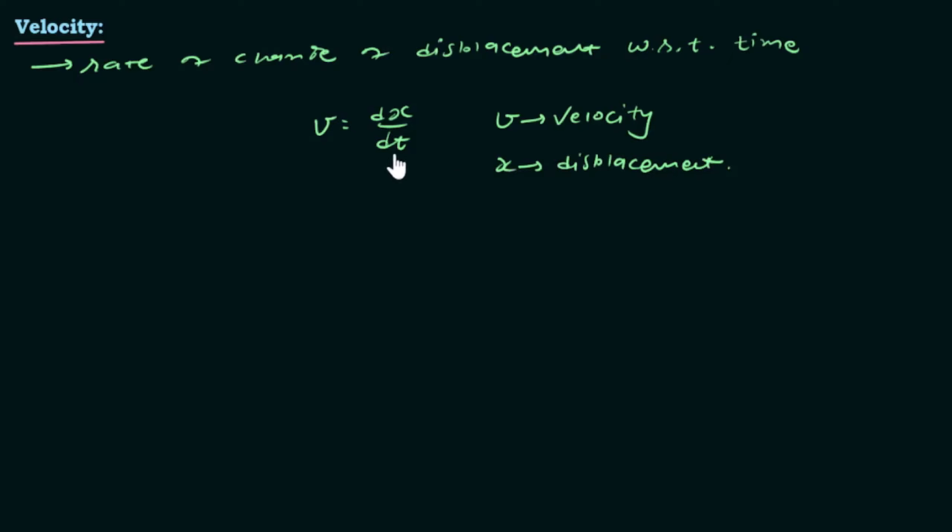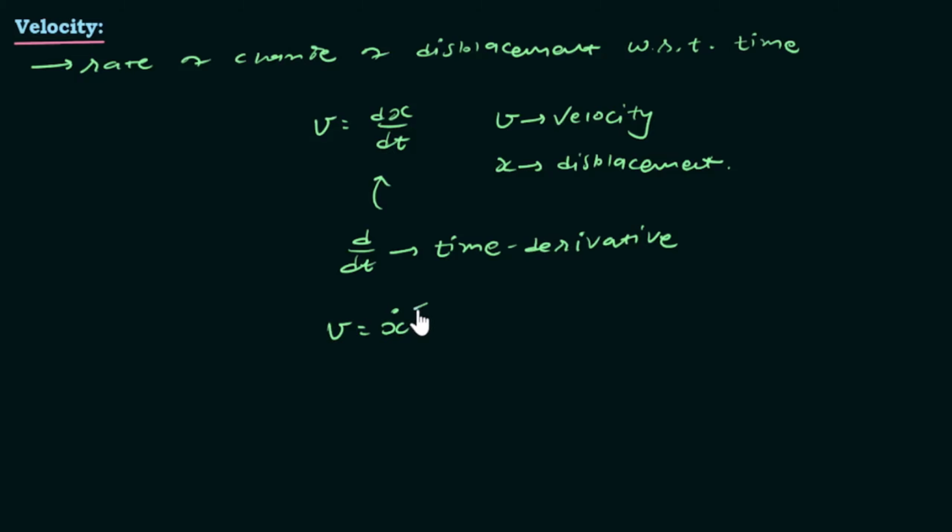Basically this is a time derivative. d by dt is our time derivative. So I can put v equals x dot.